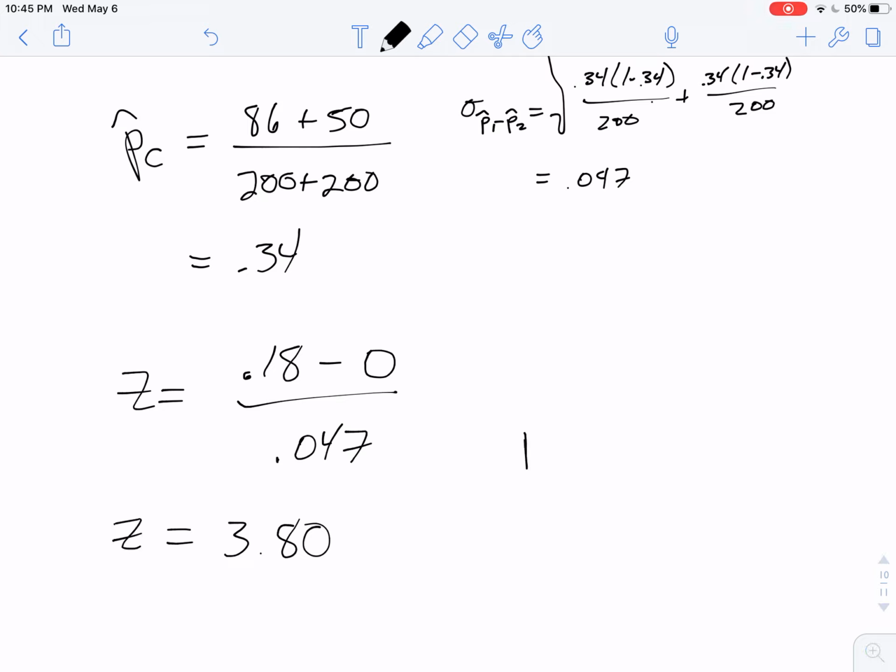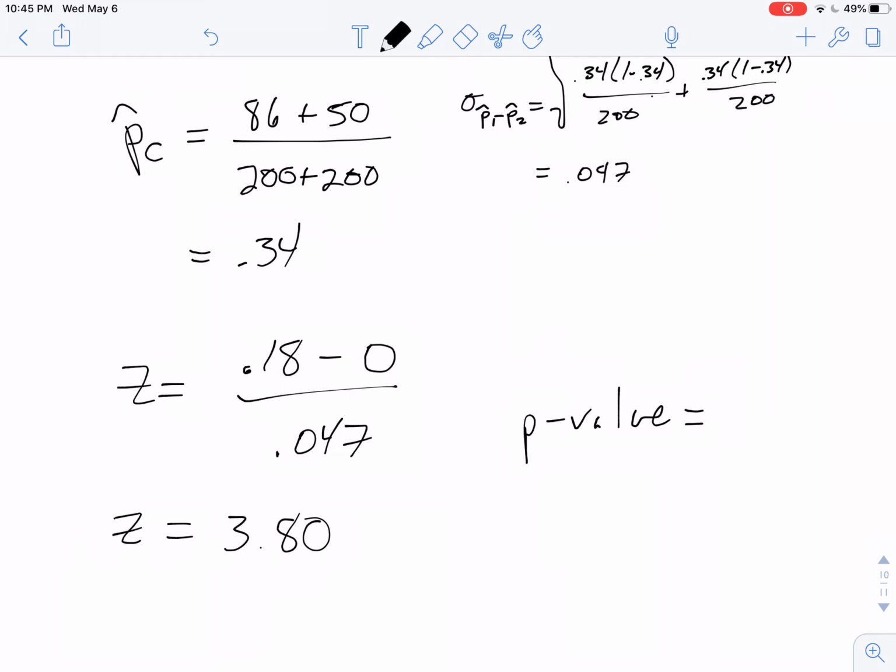And now what I need is a p-value. The p-value will come from normal CDF on the TI calculator. What I put into normal CDF is my lower boundary.